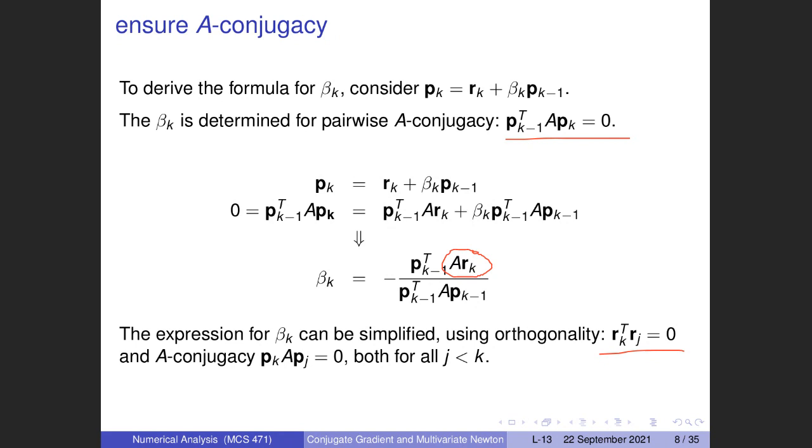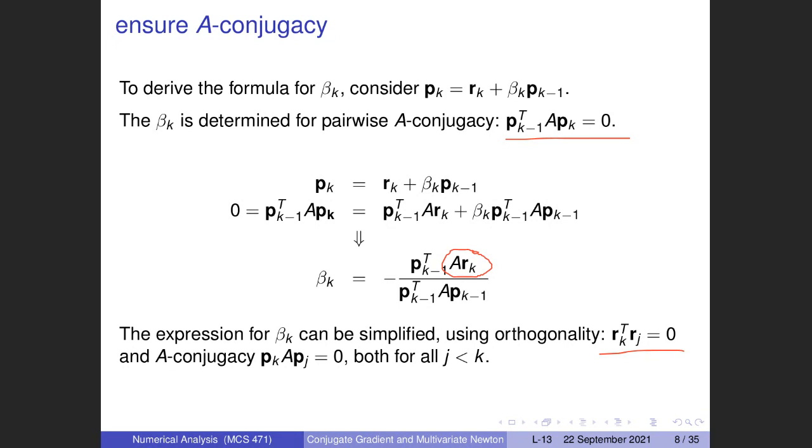The algorithm will ensure that the residuals are orthogonal to the update vectors. That gives the formula for the alphas, for the step length. And the other condition is that we have this pairwise conjugacy on the direction vectors.